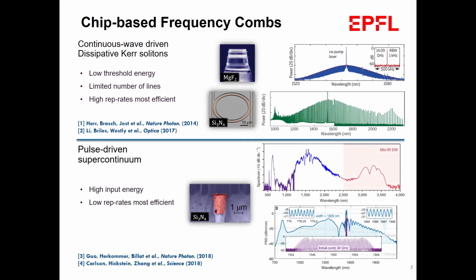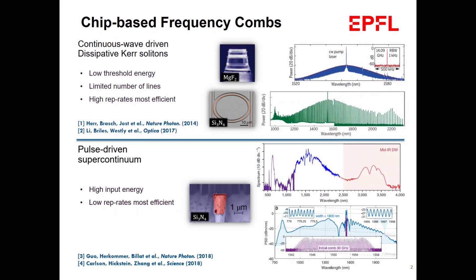Now, the other method of on-chip frequency comb formation, which is also ongoing in many groups, and which I talked all about yesterday, is supercontinuum generation. As I said yesterday, that exploits an extremely high intensity input pulse in order to nonlinearly broaden in just a single pass of some waveguide.